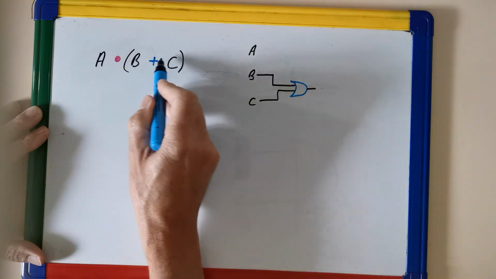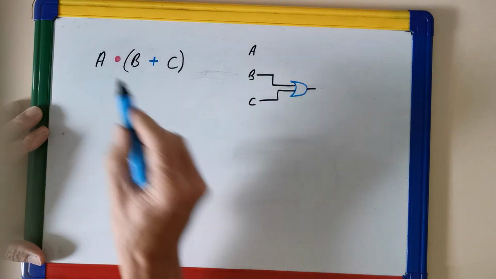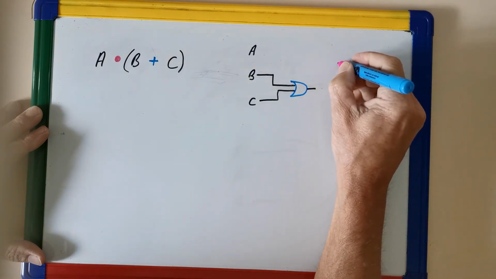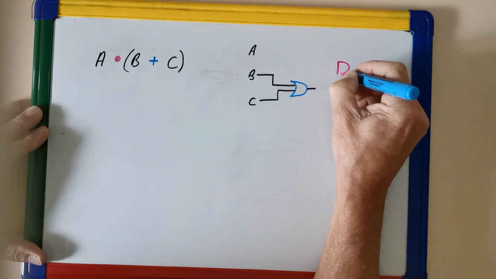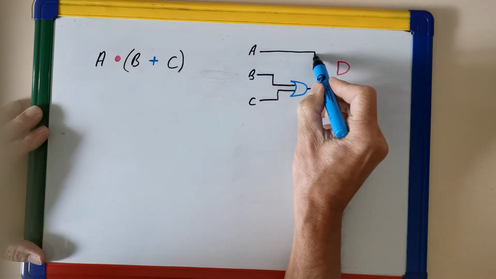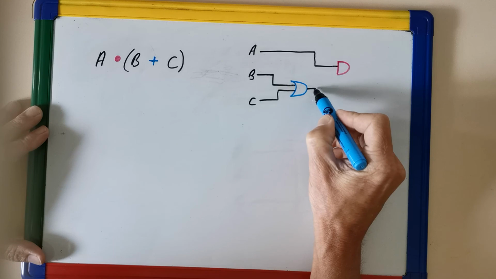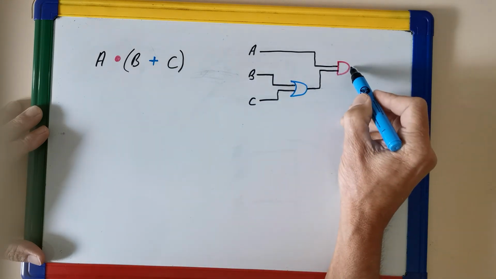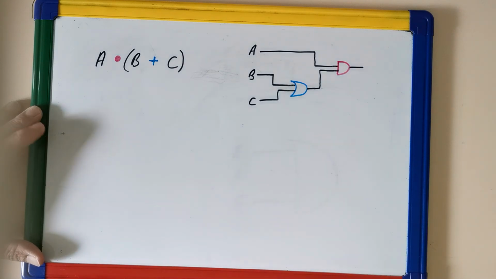And this is combined with A using an AND gate. So I'll draw my AND gate here. And into the AND gate comes A along with the result of the bracket, B or C. That's our circuit done.